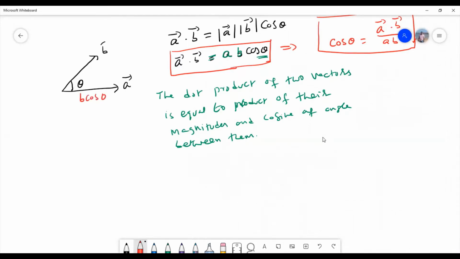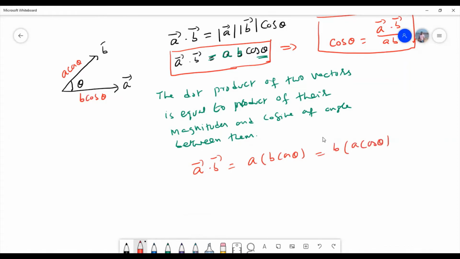We can write B cos theta. Similarly, component of A bar along B bar is A cos theta. So when I write this A bar dot B bar, this I can write A times B cos theta or B times A cos theta.